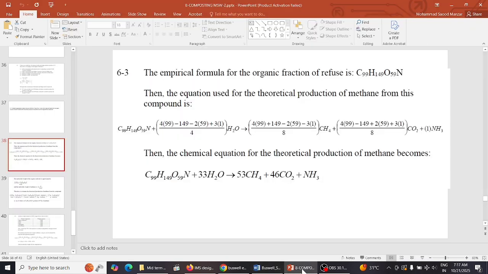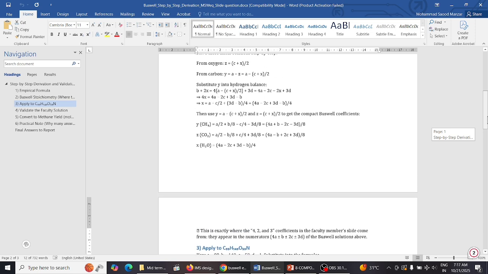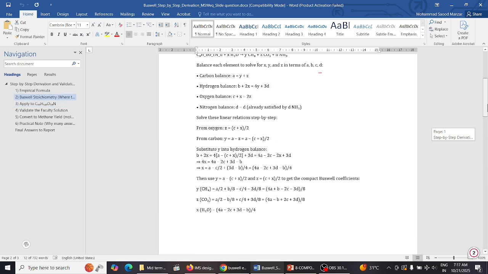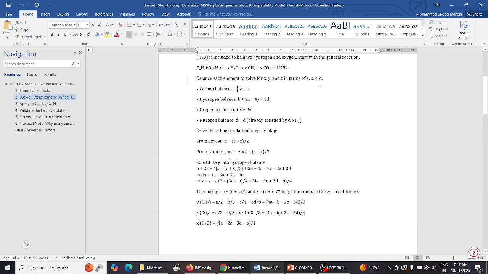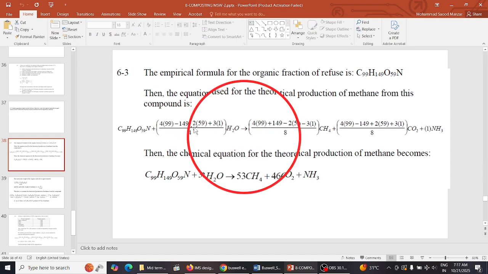In the slides you can see we have substituted y and the other terms. The coefficient of water is (4a minus b minus 2c plus 3d) upon 4.